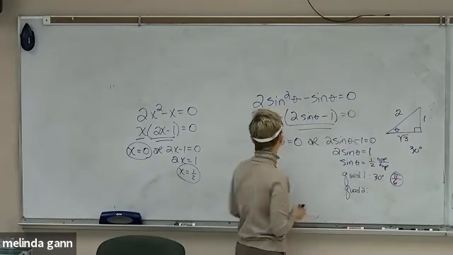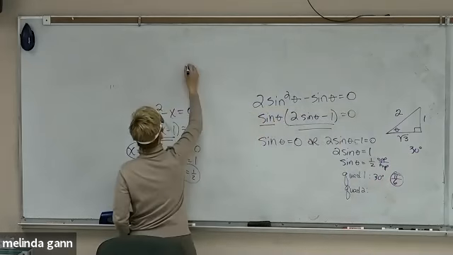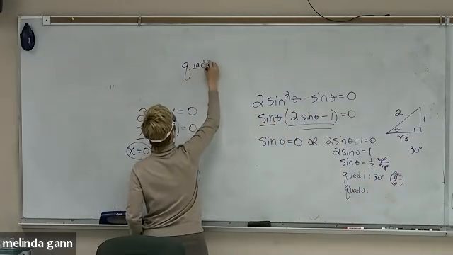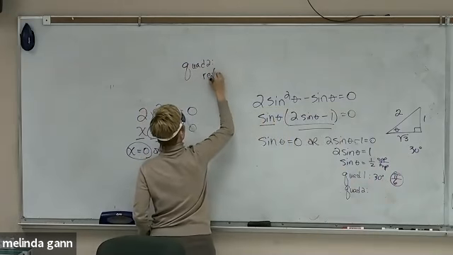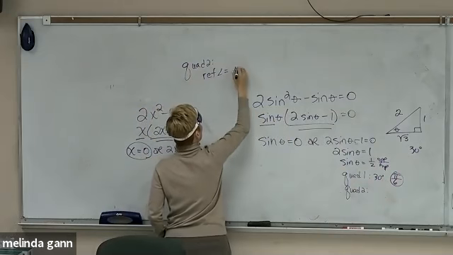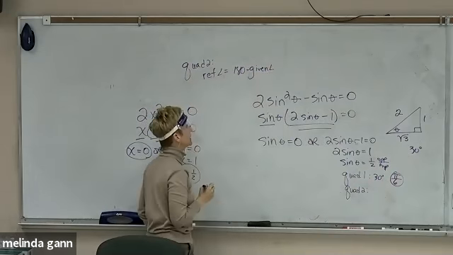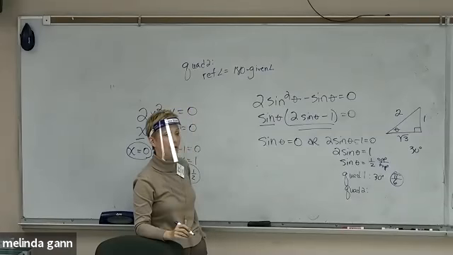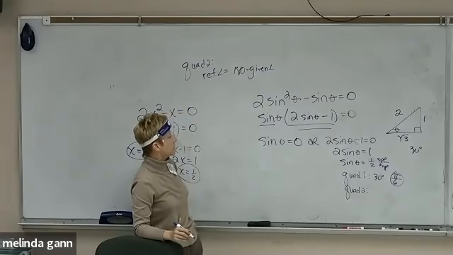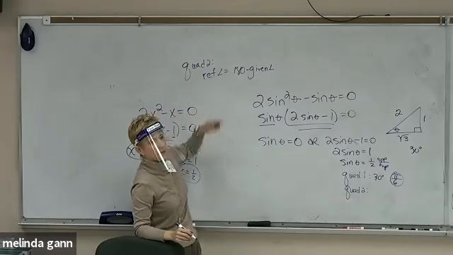Now, you go find me the quadrant 2. What was my rule for quadrant 2? Do you remember? What was your reference angle? 180 minus your given angle. So go find me your angle in quadrant 2, your given angle. And I know my reference is 30.